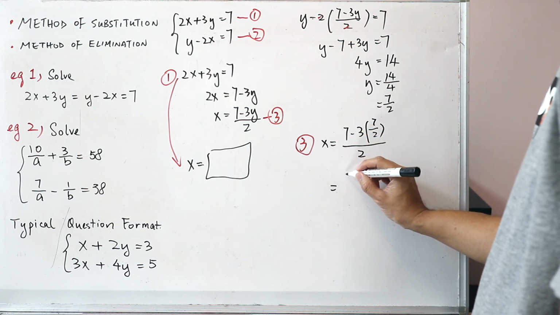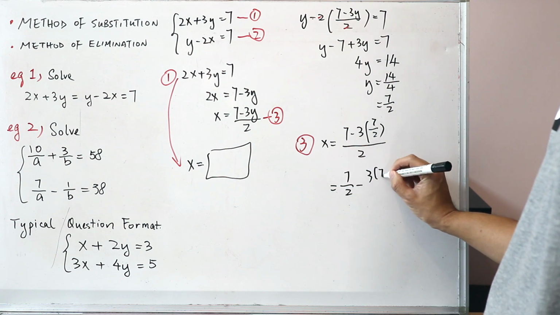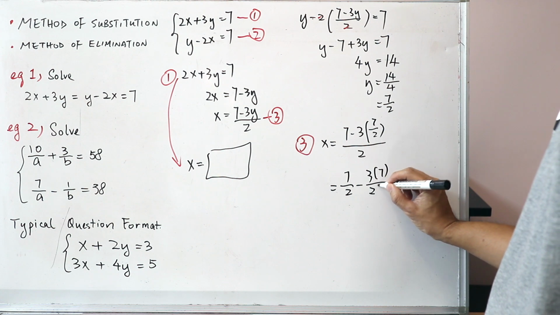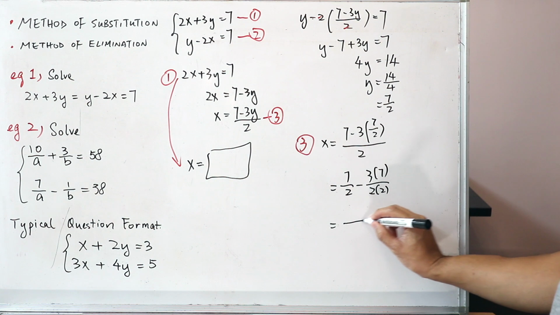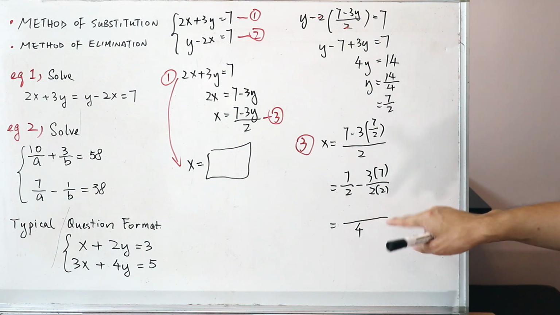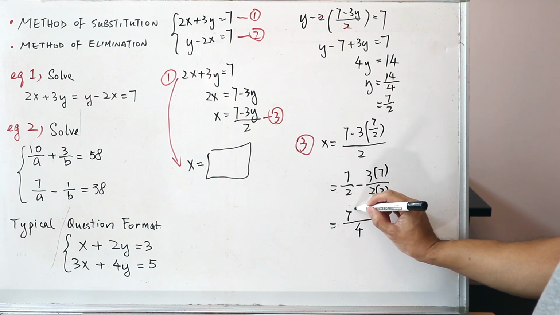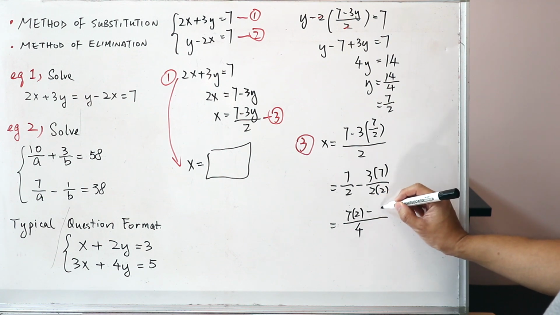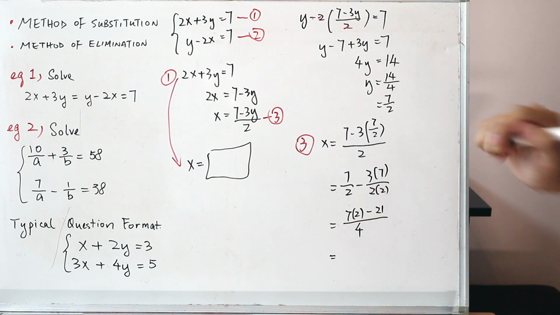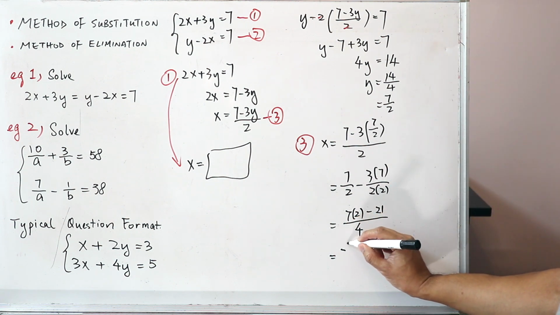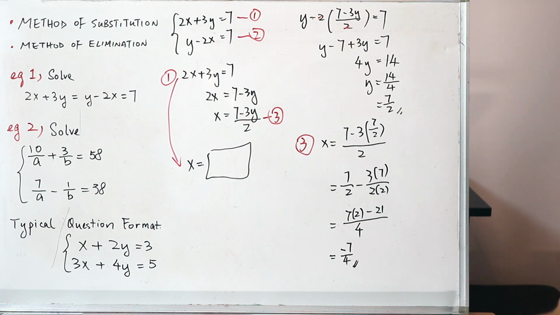This is equivalent to 7 divided by 2 minus 3 times 7 divided by 2 times 2. So this becomes 4, because 4 is the common denominator of 2 and 4. And this becomes 7 times 2 minus 21. So 7 times 2 is 14, minus 21 is negative 7 divided by 4. And y is equal to 7 divided by 2.